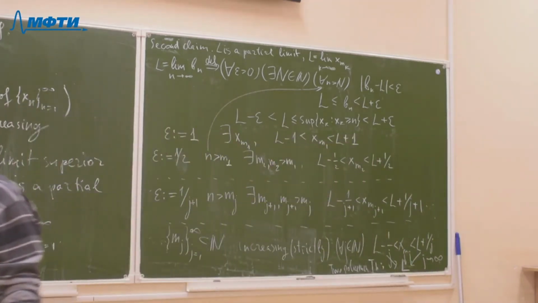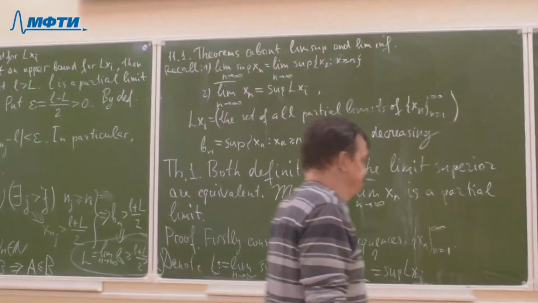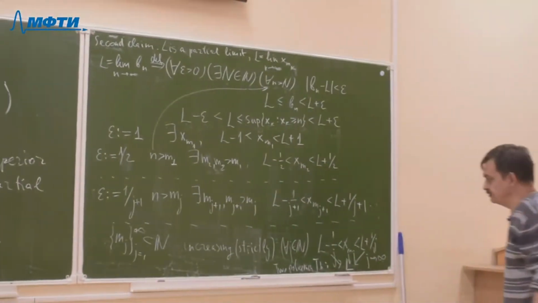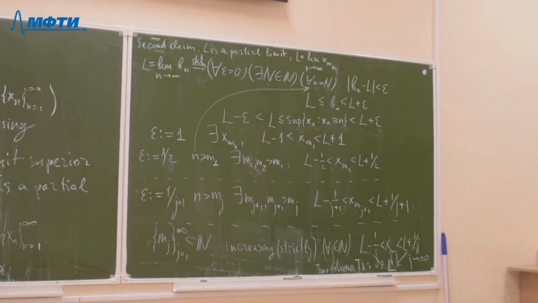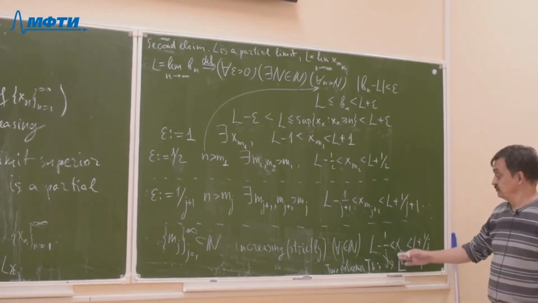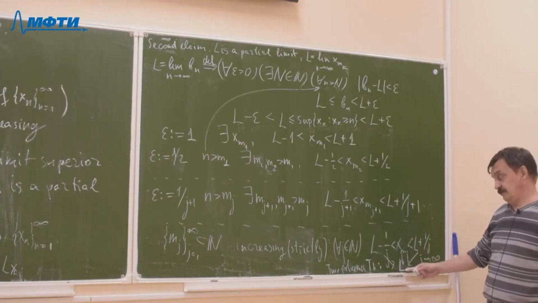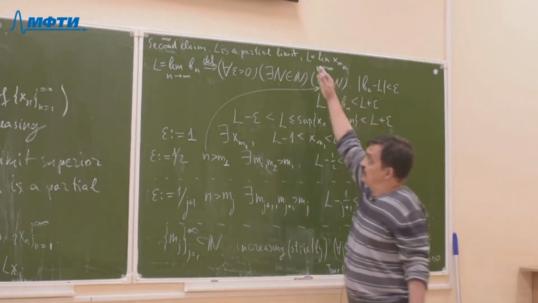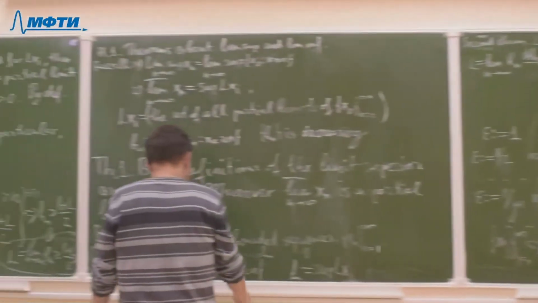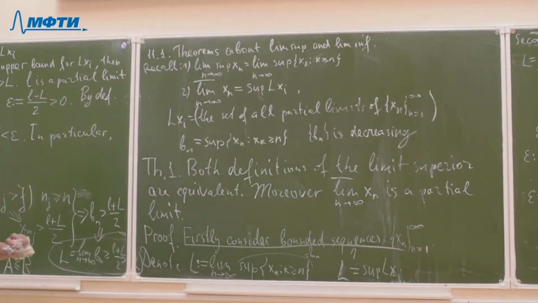Nothing else. Two policemen theorem is practically written. So we constructed a subsequence which has the limit capital L. Second claim is proved. Hence, the case of bounded sequences is considered completely.